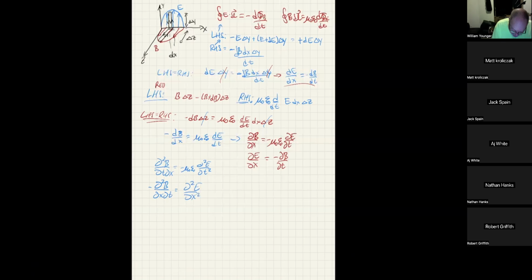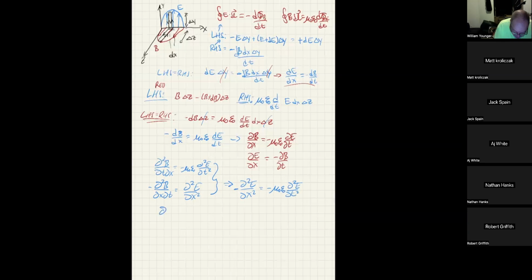So you can combine these two and see that the second partial of E with respect to x squared is equal to, notice this is a negative because it came from that other side, a negative as well of mu 0 epsilon 0 times the second partial of E with respect to t squared.